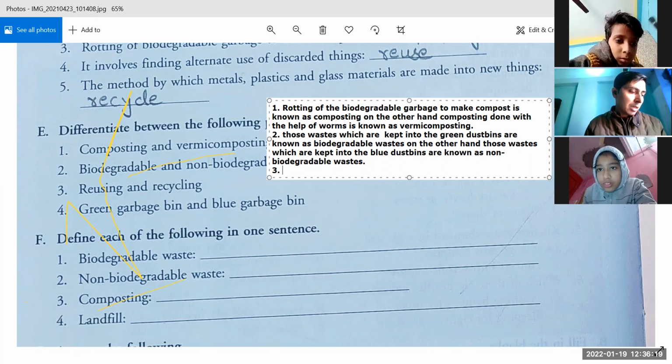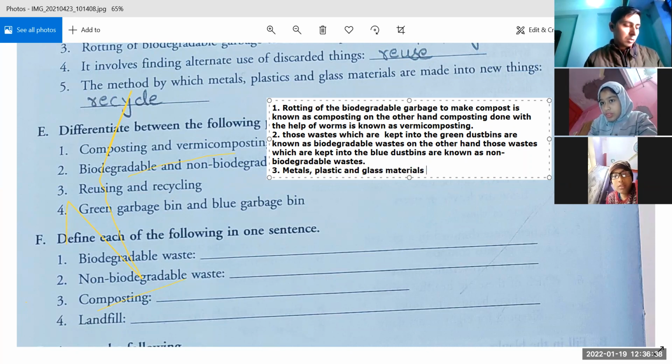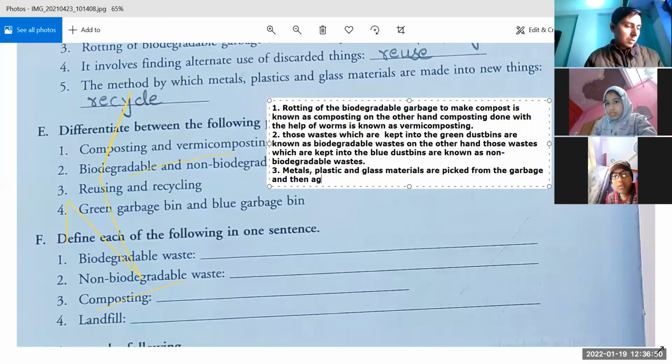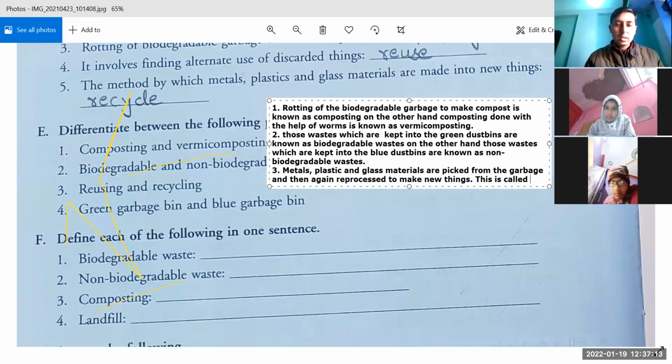Metals, plastics, and glass materials are picked from the garbage and then again reprocessed to make new things. This is called recycling.